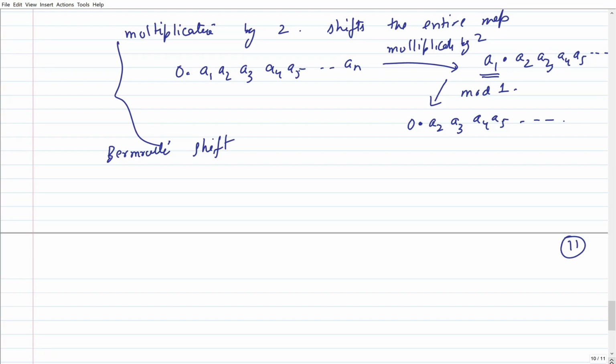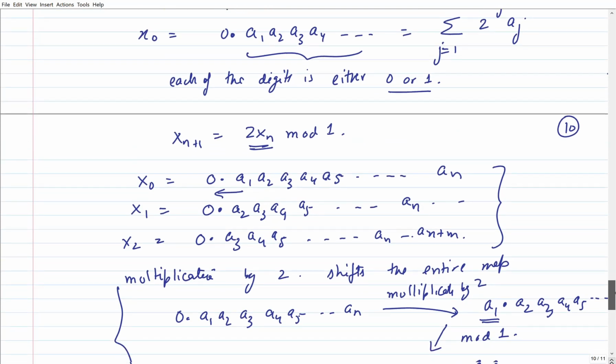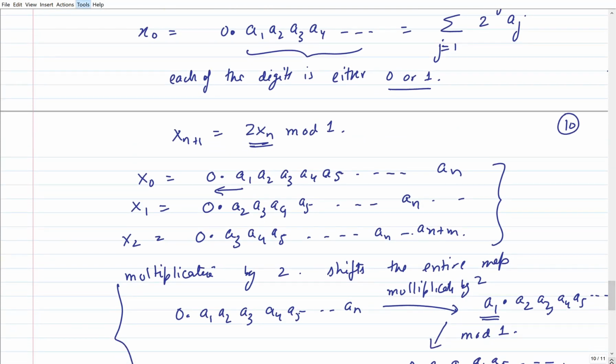And you can notice what's happening in this particular map. Let me just copy this again.